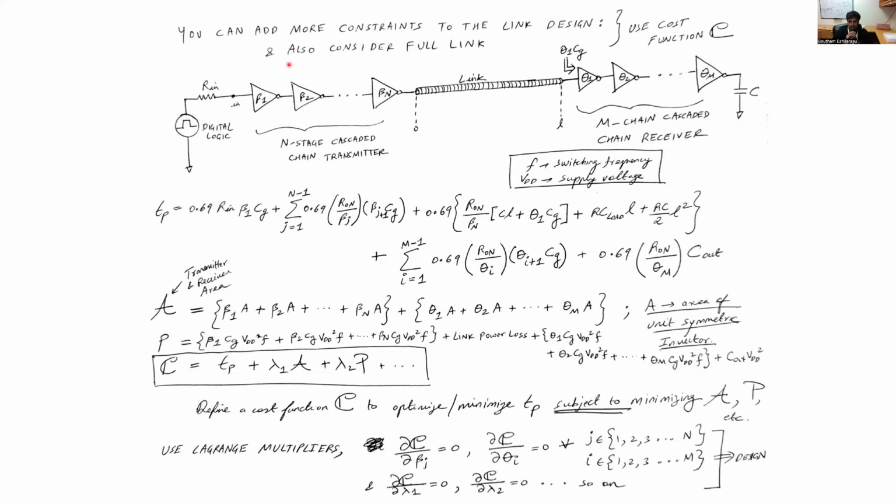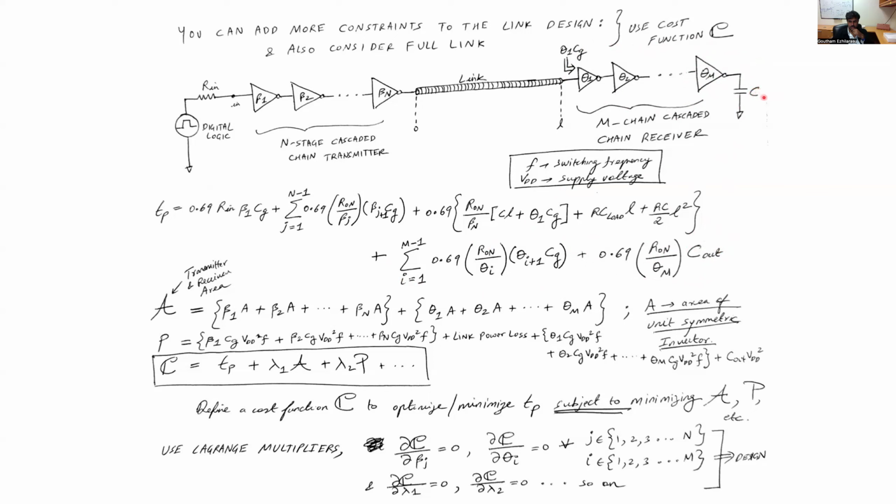And therefore now we can do the same thing that we have already discussed. We can write the overall propagation delay. Obviously, first there is a boundary term because of the RC delay of the input with respect to the input capacitance of the beta 1 stage, plus the delay of the cascaded chain, plus the Elmore delay of the link, plus the delay offered by the receiver side cascaded inverter chain, and finally the delay offered by the final mth stage, theta m, charging or discharging the load capacitor, which is C out.